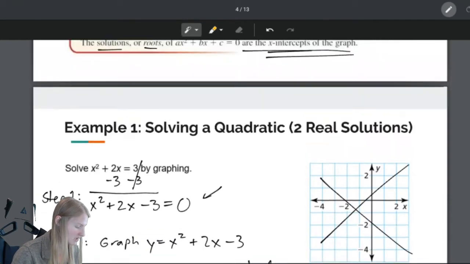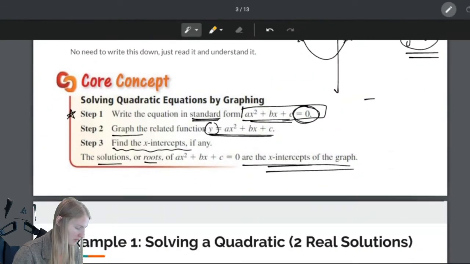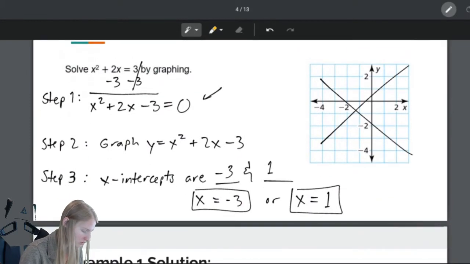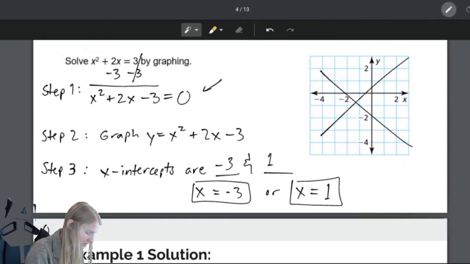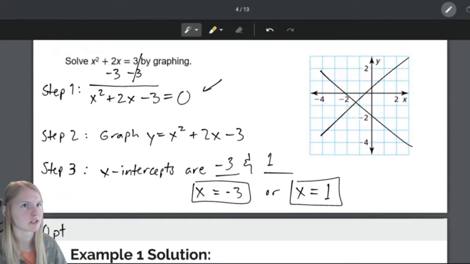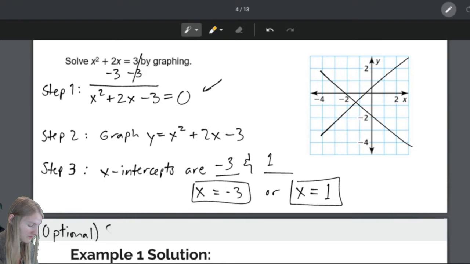Okay, and they didn't put it up here, but there is an optional step 4, which is to check your answer.